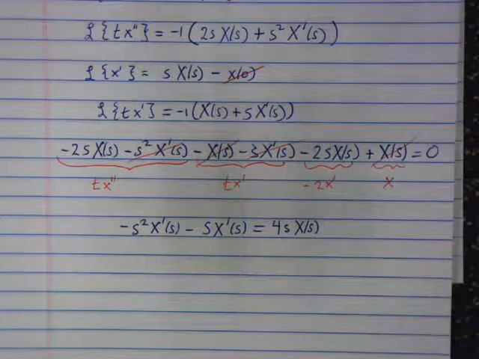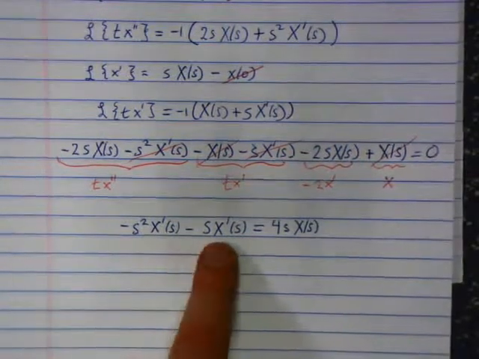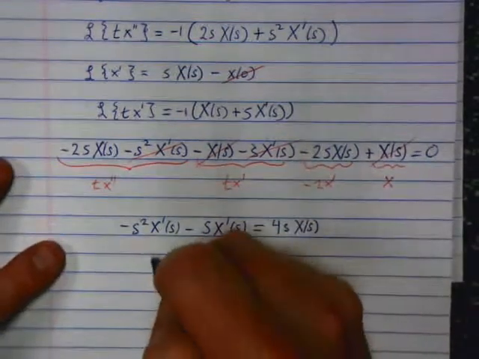Why did I want to get all the x primes on one side and all the x's on the other? It allows me to factor out the x prime, or over here, if I had a bunch of x's, I could factor those out too. I factor out the x prime.